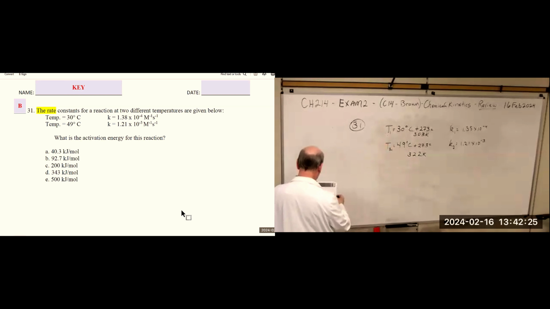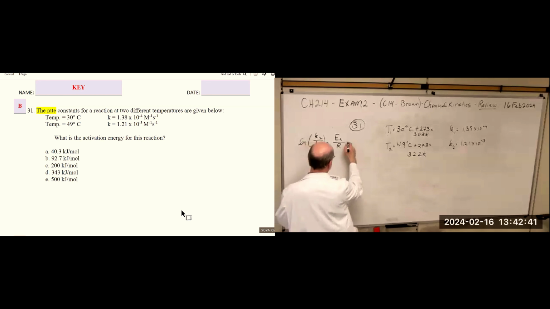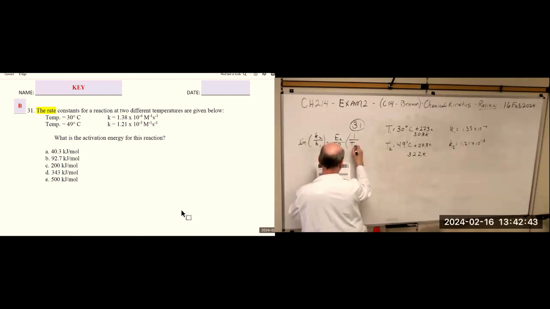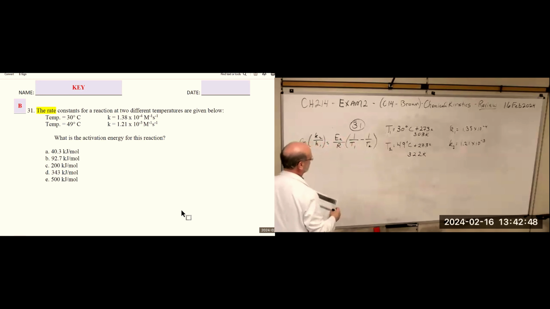The equation I'm looking at is the natural log of these 2 Ks equals the activation energy divided by R times 1 over T1 minus 1 over T2. This is one version of the integrated equation for the Arrhenius.